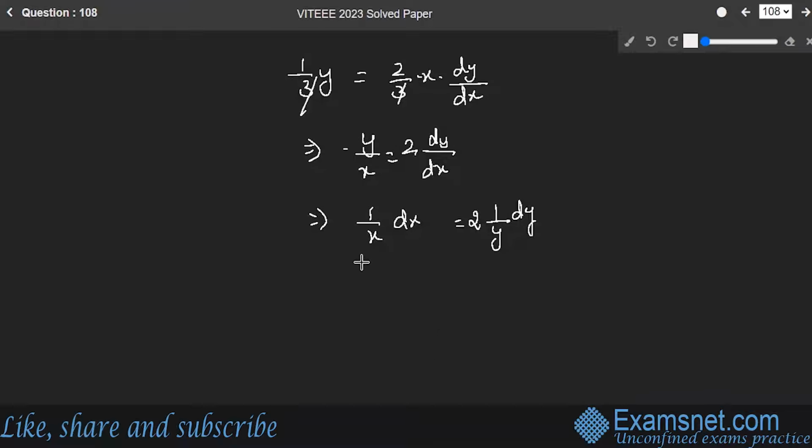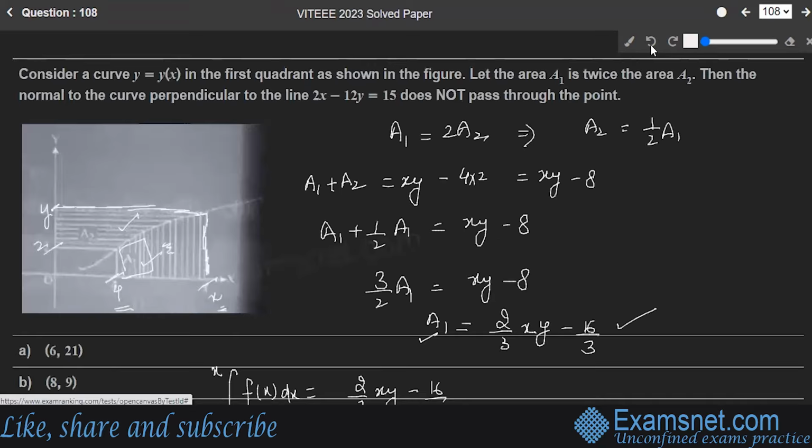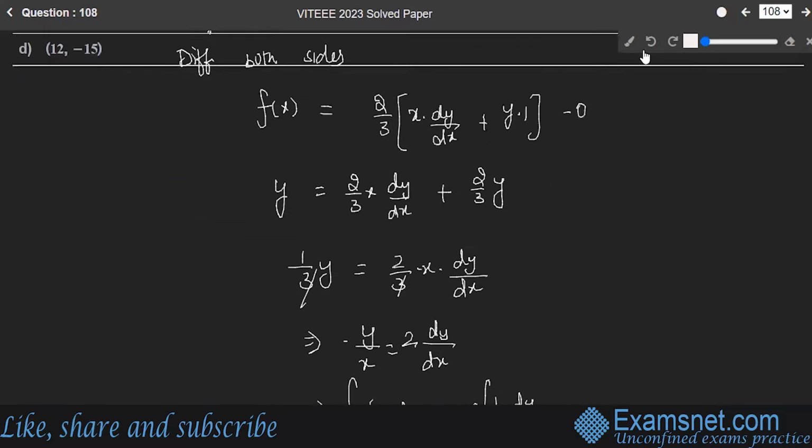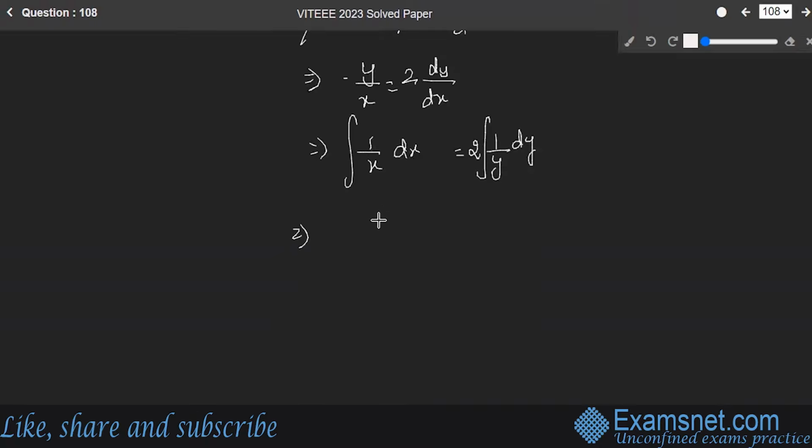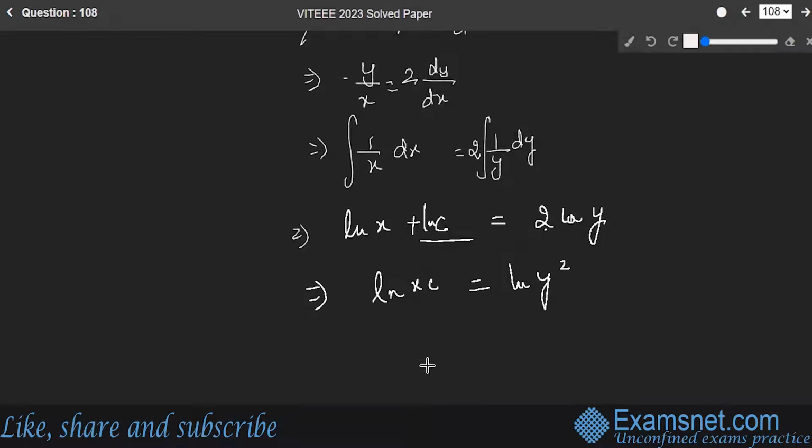Okay, now integrating both the sides, you can write it as log of x plus the constant c is equal to twice log of y. The constant can be written as log of c also. This makes log of xc is equal to log of y square, or y square is equal to xc.